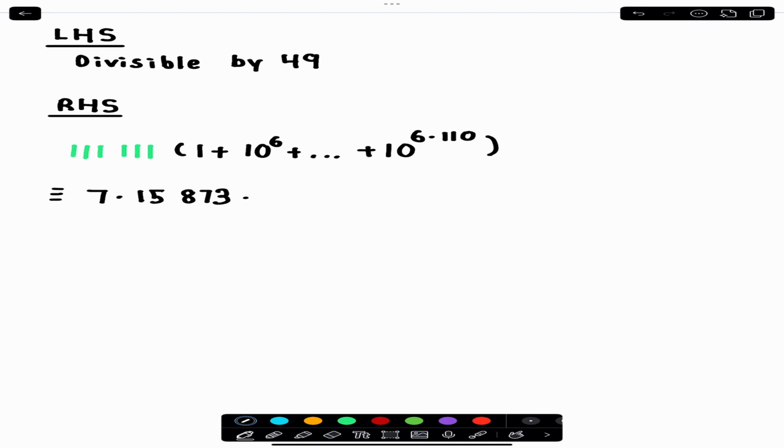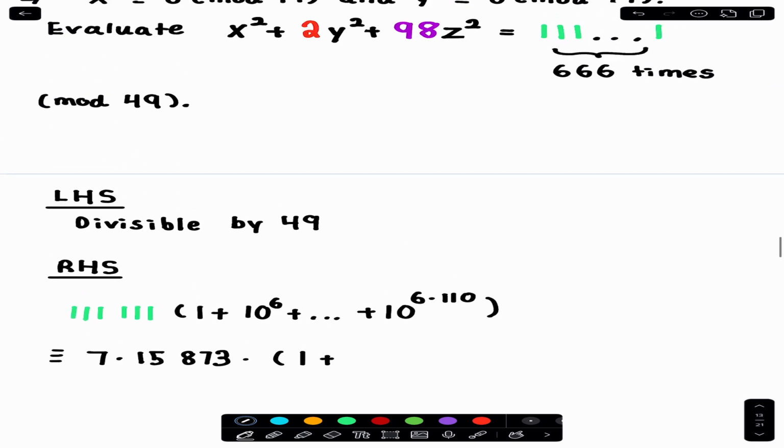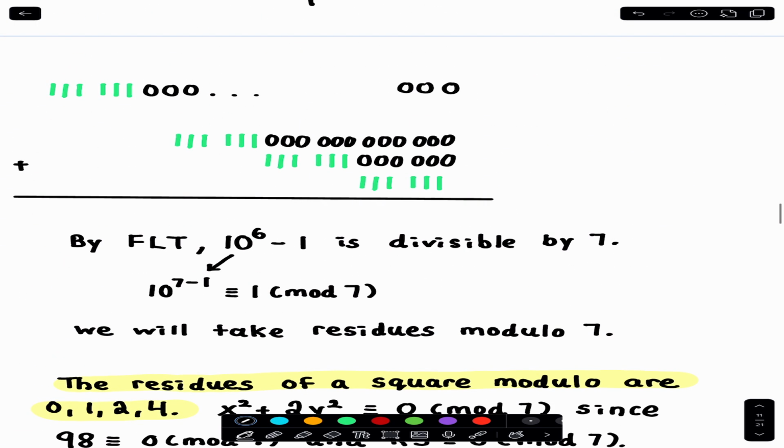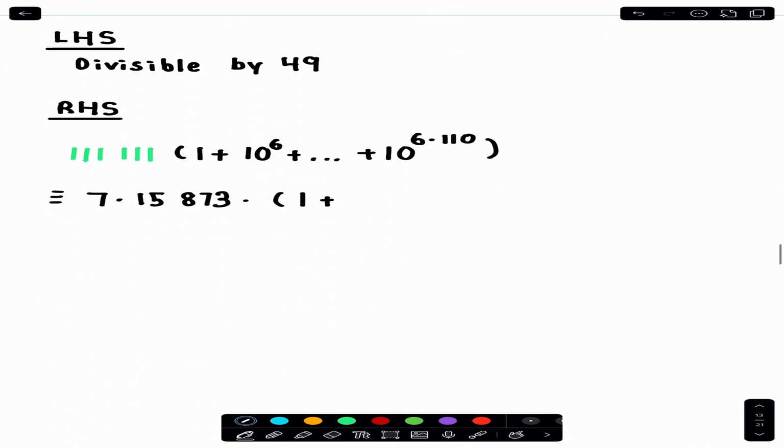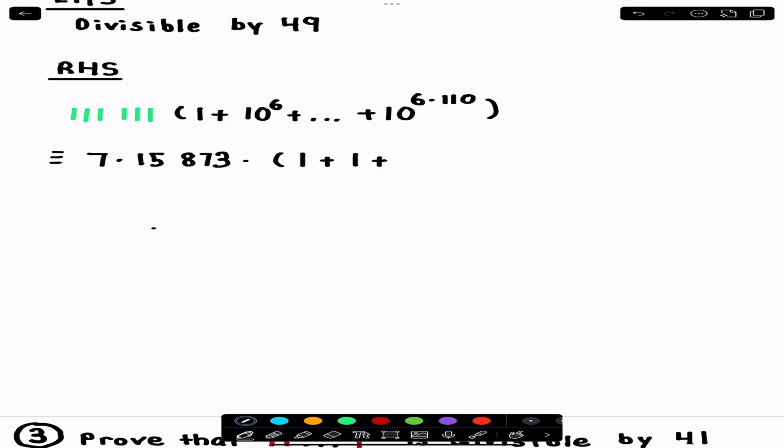And then let's see. We found that 1 is always congruent to 0 mod 7. We know 10 to the power of 6 from before is congruent to 1 mod 7. Now, just as a little aside over here, 10 to the power of 6 times 2 is equal to 10 to the power of 6 squared.